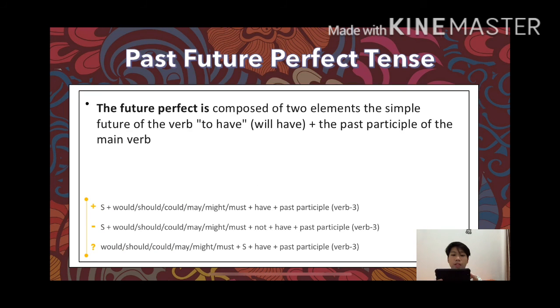Okay, next one is past future perfect tense. The past future perfect is composed of two elements: the simple future of the verb to have, or will have, plus the past participle of the main verb. For the formula, you can see it on the screen.